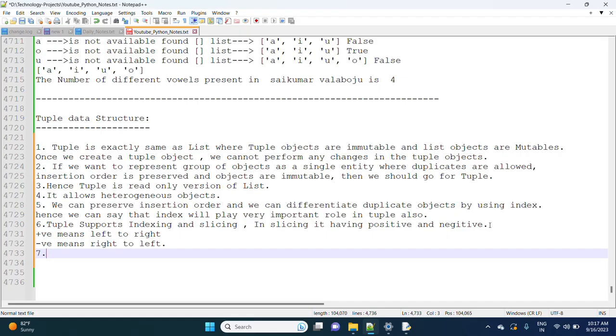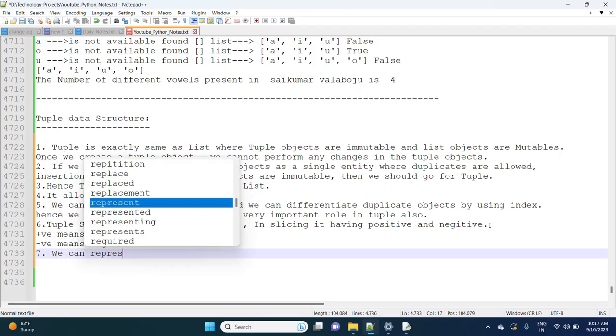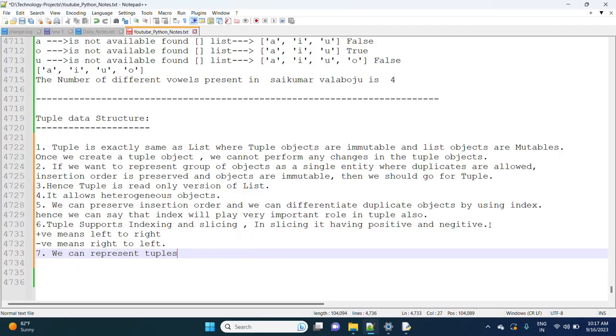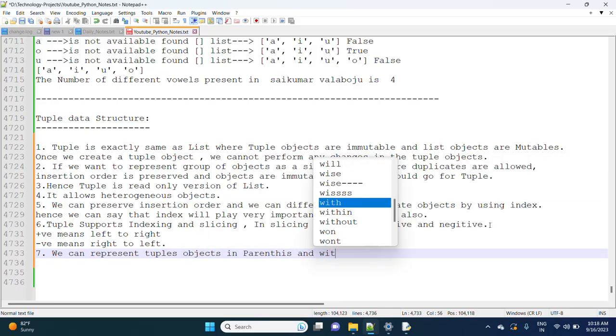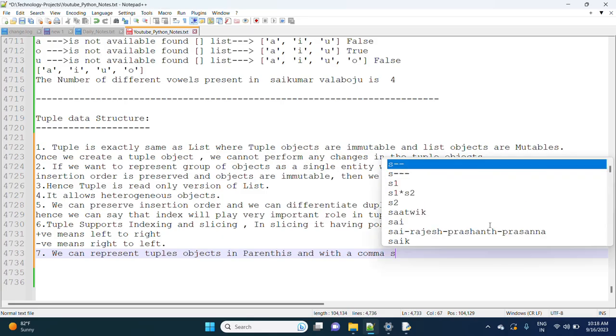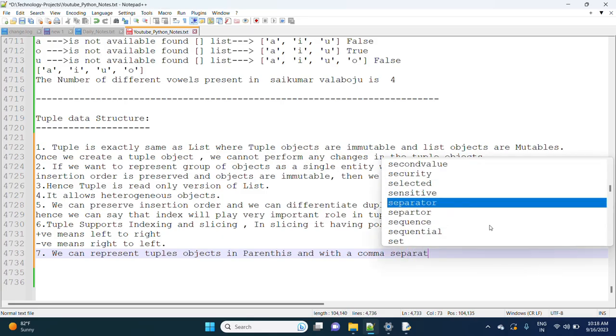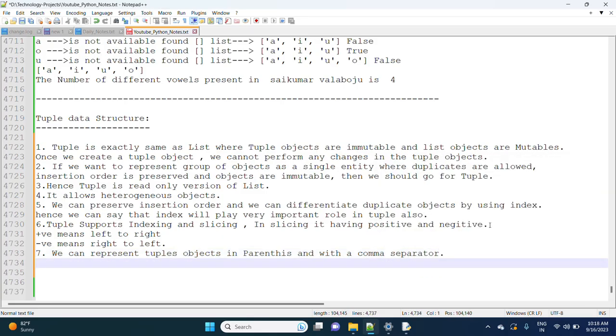Seventh point. We can represent tuple objects in parentheses and with a comma separator.